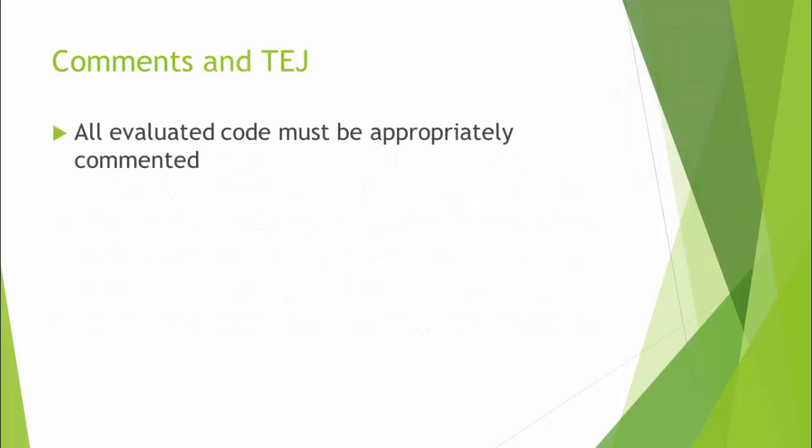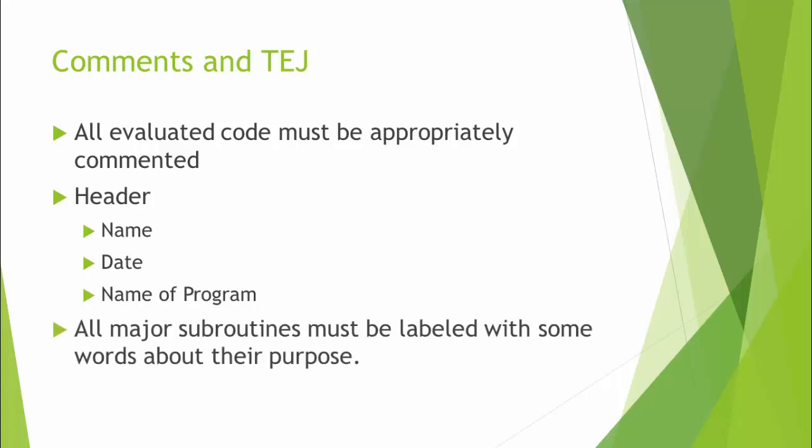In our course, all evaluated code, all code that's submitted for evaluation, must be appropriately commented. Those comments will include a header with the name of the programmer, the date, the name of the program, and a brief description of what the program does.